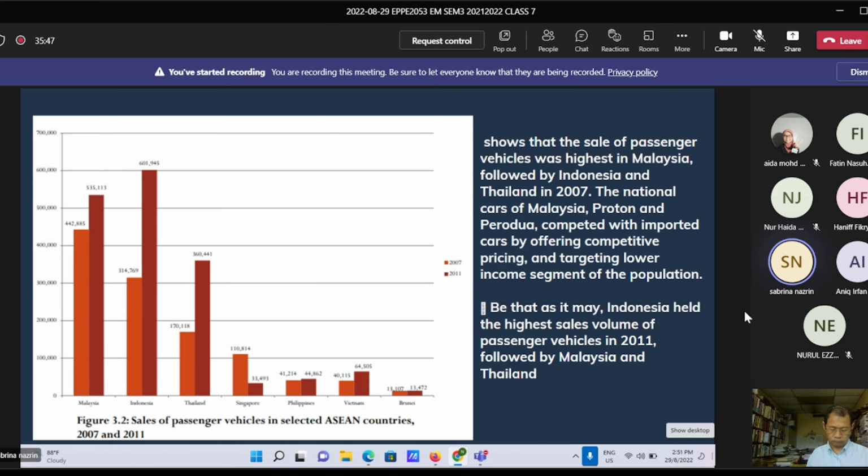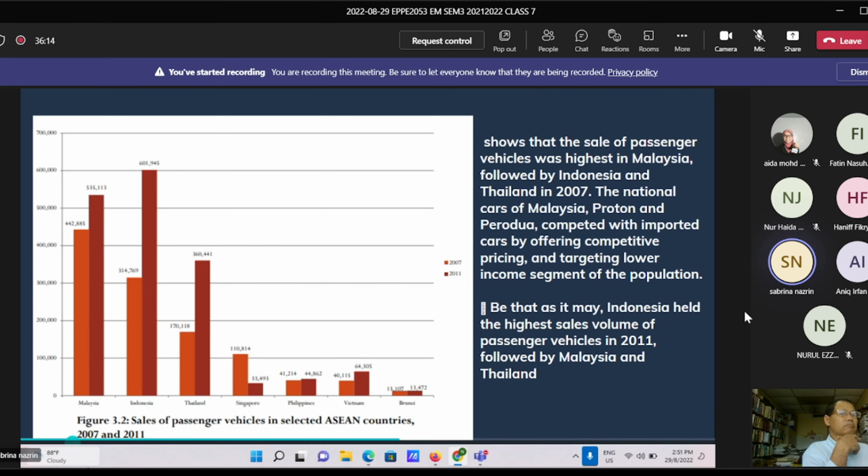The national cars, which are Proton and Perodua, competed with import cars by offering competitive pricing and targeting the lower income segment of the population. Be that as it may, Indonesia had the highest sales volume of passenger vehicles in 2011, followed by Malaysia and Thailand.